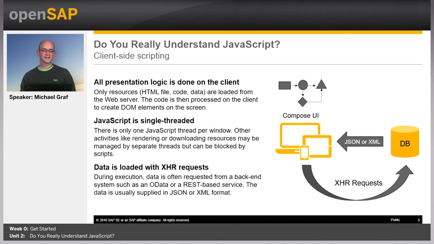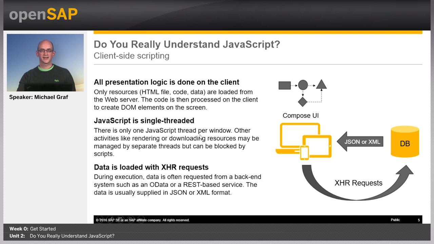The code is then processed on the client to create DOM elements on the screen. Note that JavaScript is really single-threaded, so there's only one JavaScript thread per window. Other activities like re-rendering or downloading resources may be managed by several threads, but they can also block the user. So we will see later how to avoid these blocking issues.